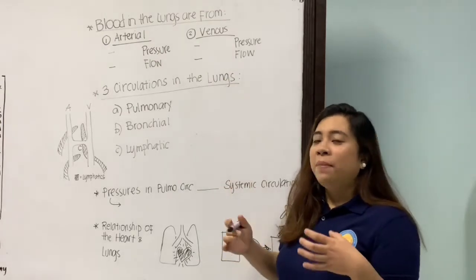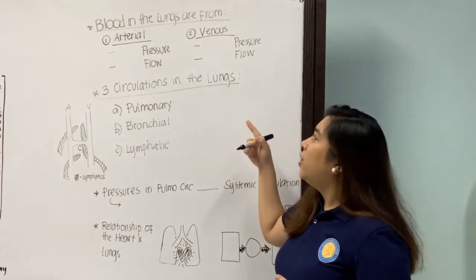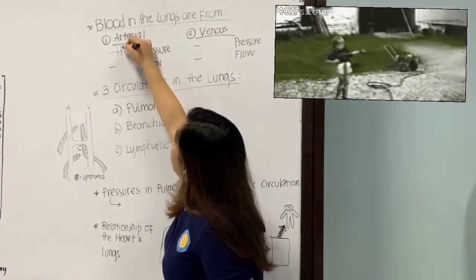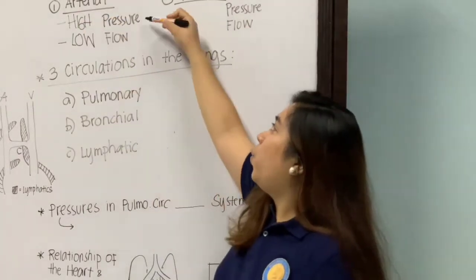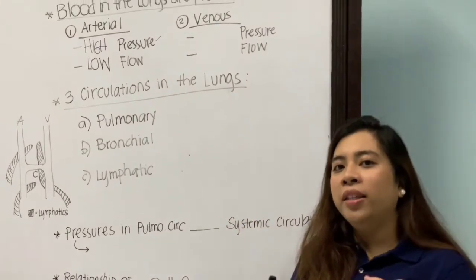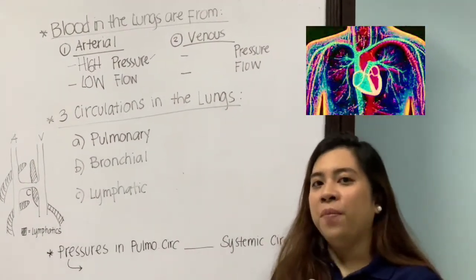Now this is talking about the circulations in a general sense. For the arterial circulation, you have a high pressure, low flow type of circulation. The reason why it has a higher pressure is because the blood from the arterial circulation is primarily pumped from the heart.